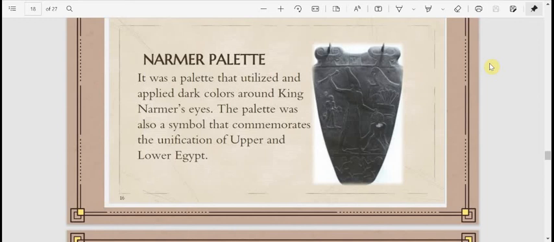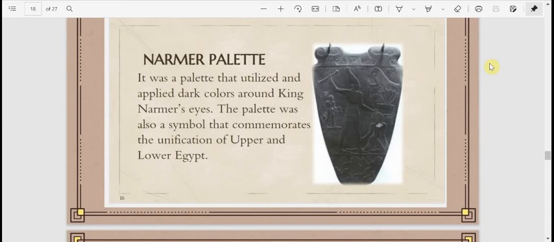He is shown striking down a kneeling enemy, whilst stepping on the bodies of some other foes on the palette's back, and on the front of the palette, he is represented overlooking the decapitated corpses of his foes, or as a bull vigorously trampling an enemy and breaking down the walls of a city or a fortress.